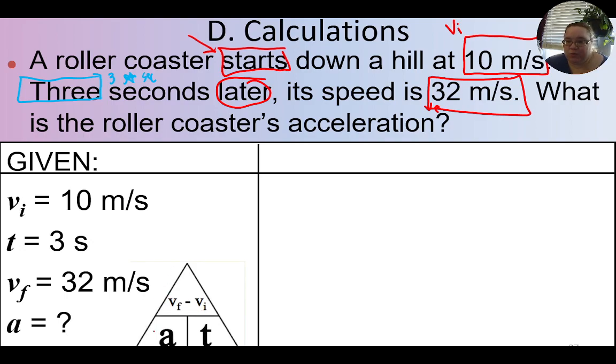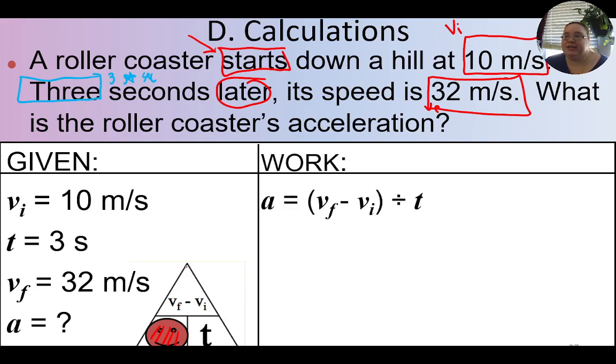That means we are using the equation as is. We don't have to necessarily use the magic triangle. Remember, unless you're using Desmos Scientific with a fraction button or one of the Casios with a fraction button, you're going to want to subtract and get a number before you divide. So vf minus vi all over t.